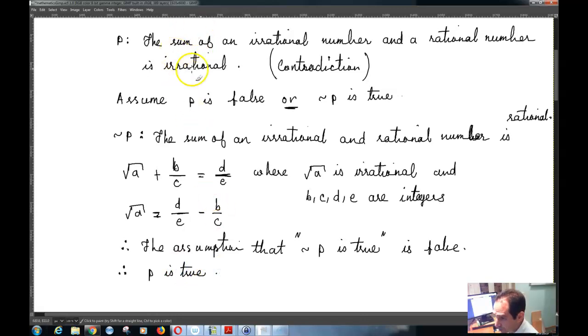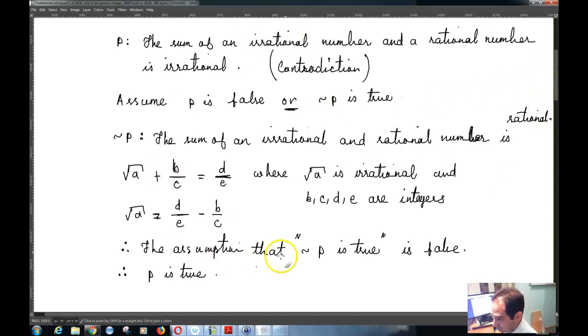And that's basically what we wanted to show here. So that's actually a very interesting way of proving anything really. It's very concise and elegant.